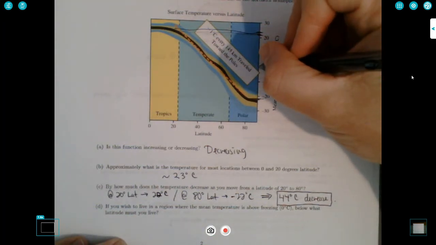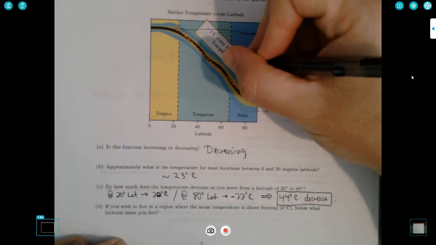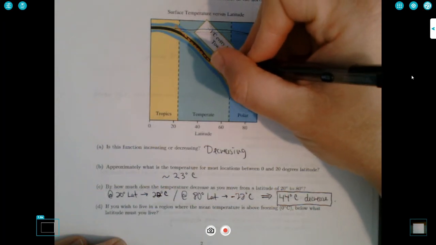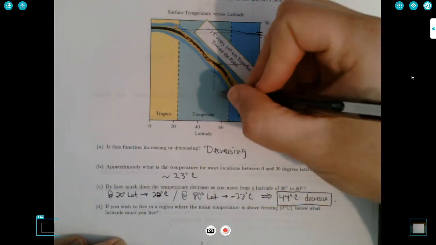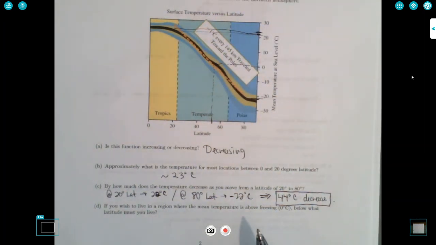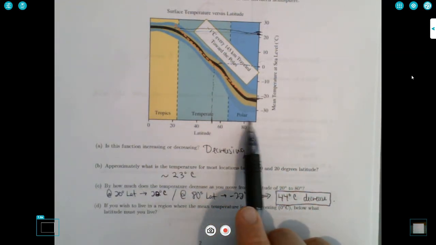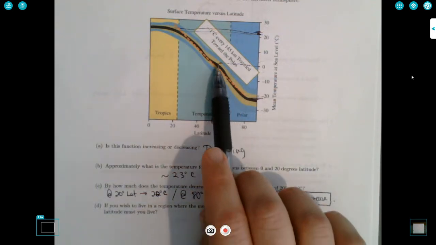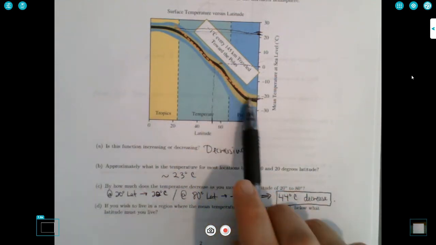Well, let's see. I'm going to take this over to the function. So below what latitude, right? Because above this mark, the mean temperature is going to be below freezing.